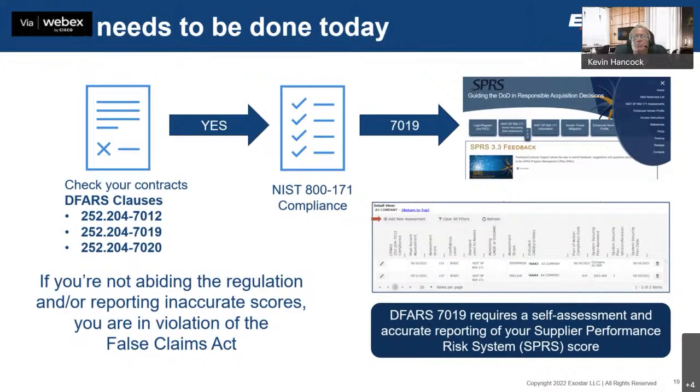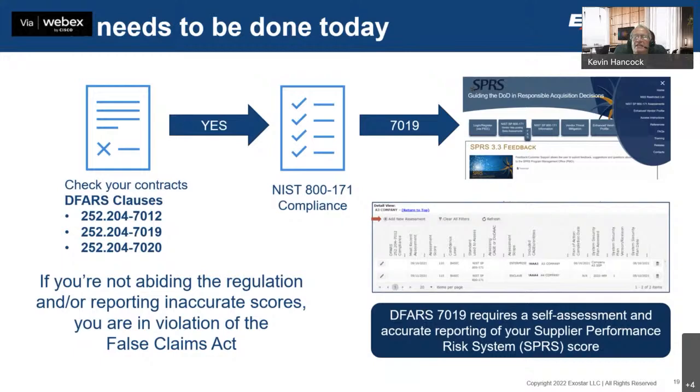But please understand that where we are today pertains to the DFARS clauses, the 7000 series of DFARS clauses. They say you need to be NIST 800-171 compliant, and you need to have done a self-assessment and gotten your SPRS score. You should then have gone into SPRS, entered your CAGE code, and input that score into that system. That's where we are today.